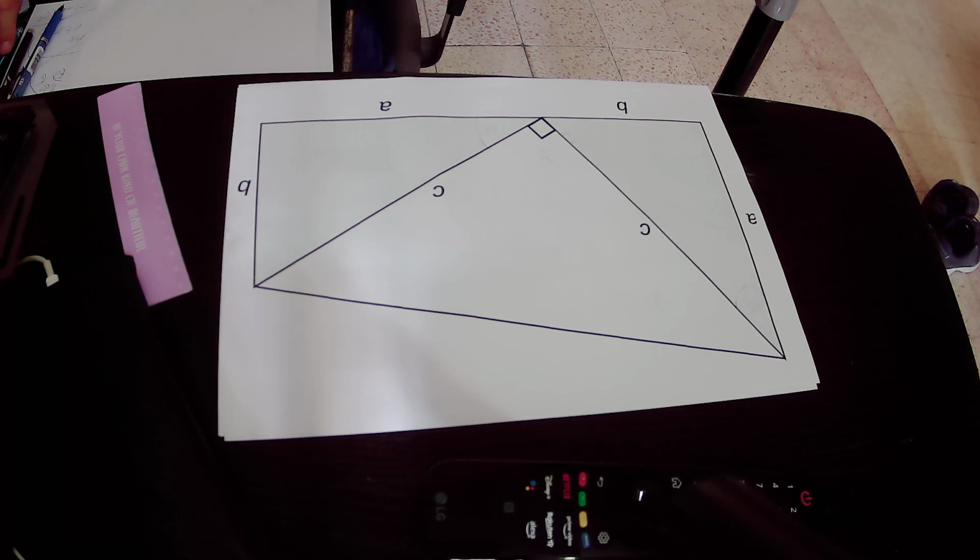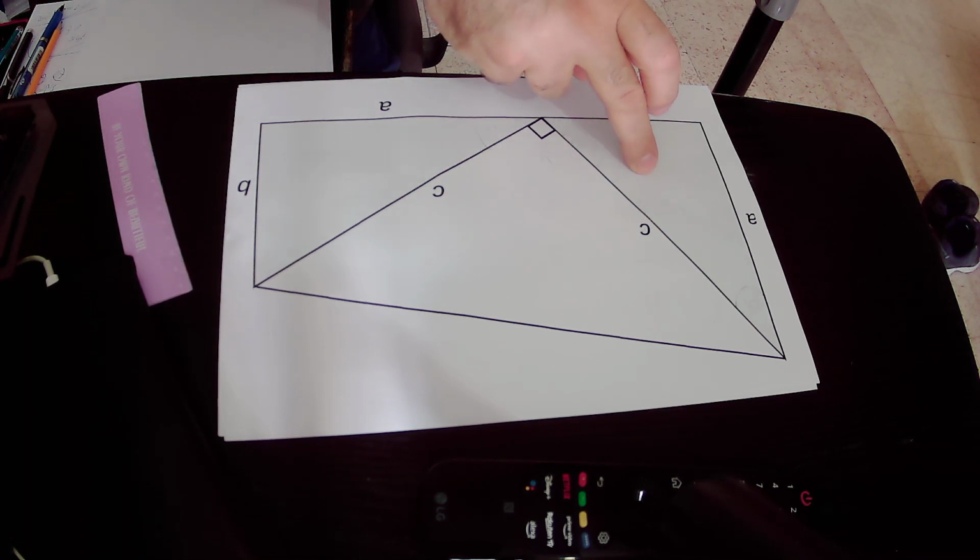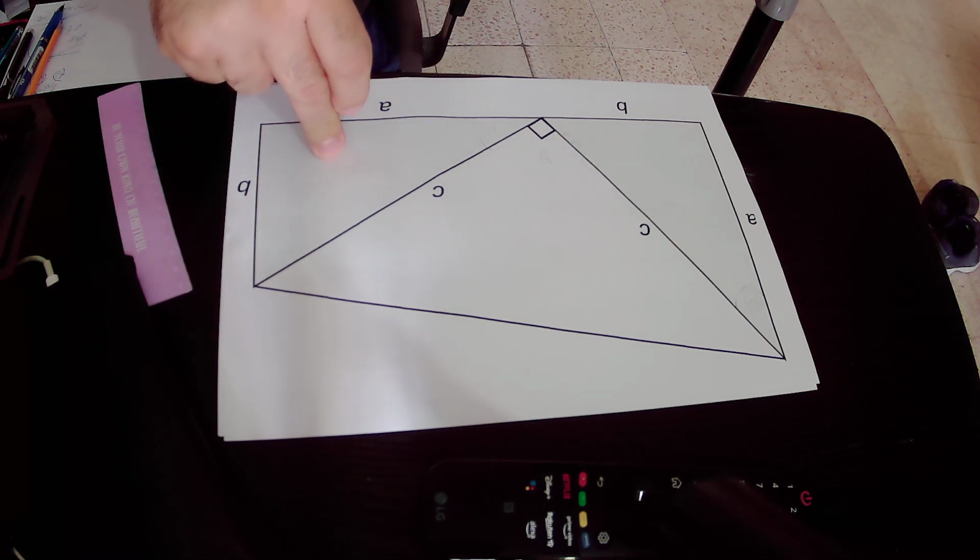Actually, in order to prove the theorem, we build a copy of this triangle here.